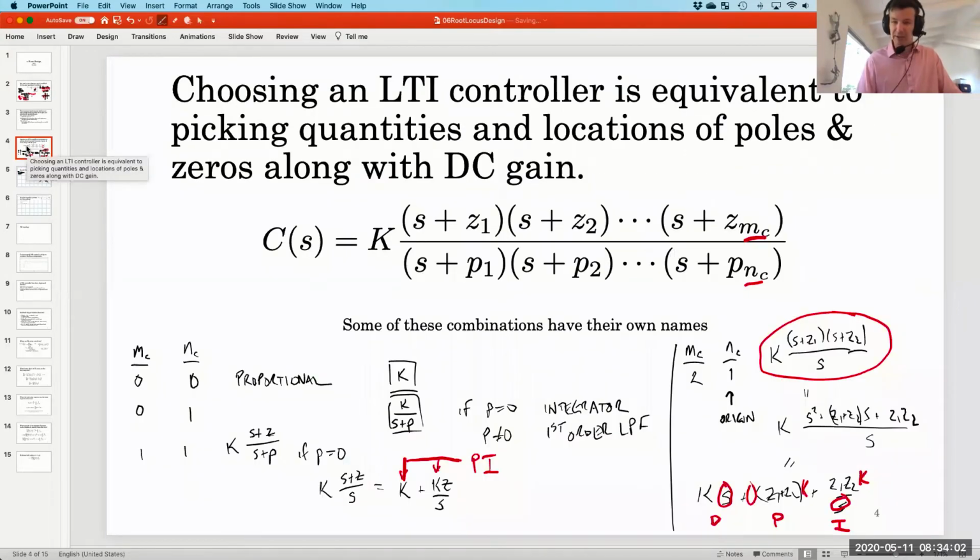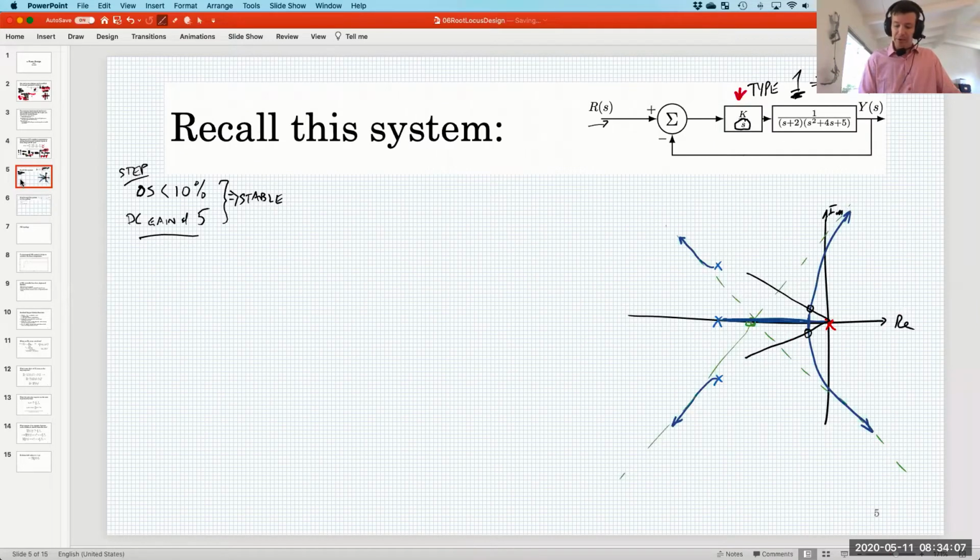Maybe go through this list. Maybe go through and say, if I don't want a pole at the origin, do I want a pole elsewhere? Do I even need any poles? Let's start at the beginning. Let's say my guess number 1 is just proportional control.